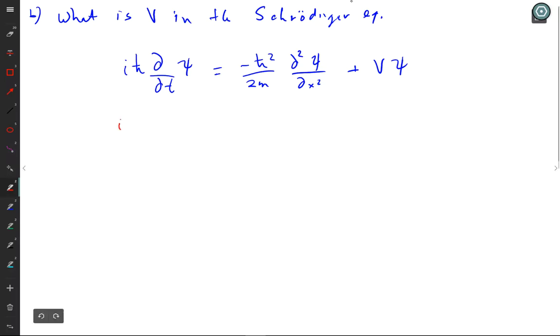So I'm going to have i h bar d/dt of A e to the minus A... Right, that was the Schrodinger equation, correct? I could turn my book back and just read it. Yeah.